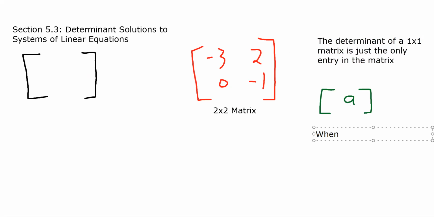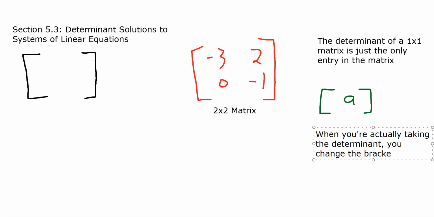Now, when you're actually taking the determinant, you change the brackets to just vertical bars. So instead of using these brackets, I'm going to just do vertical bars.